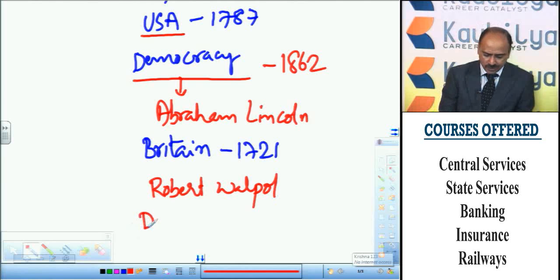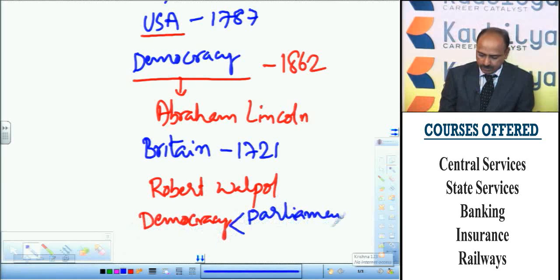Democracy is of two types. The first one is parliamentary democracy. If any country is following parliamentary democracy, that country is ruled by the Prime Minister. The real head of the government of the country is the Prime Minister. Examples: India, Britain, Australia, Canada, New Zealand.